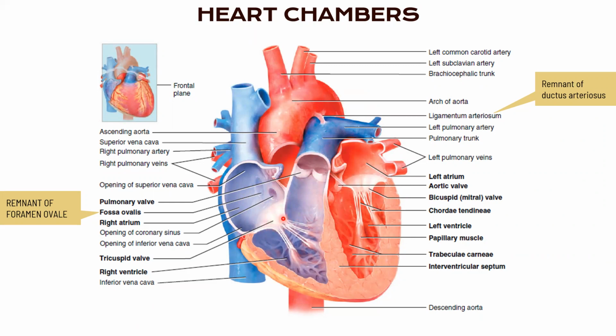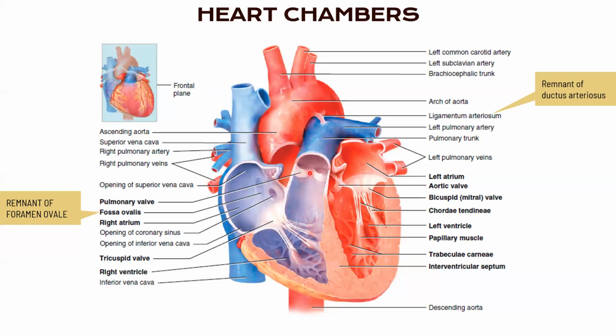This is the tricuspid valve with the three cusps, with the chordae tendineae and the papillary muscles. The mitral valve has two papillary muscles with the chordae tendineae, which stabilize the position of your bicuspid or mitral valve.